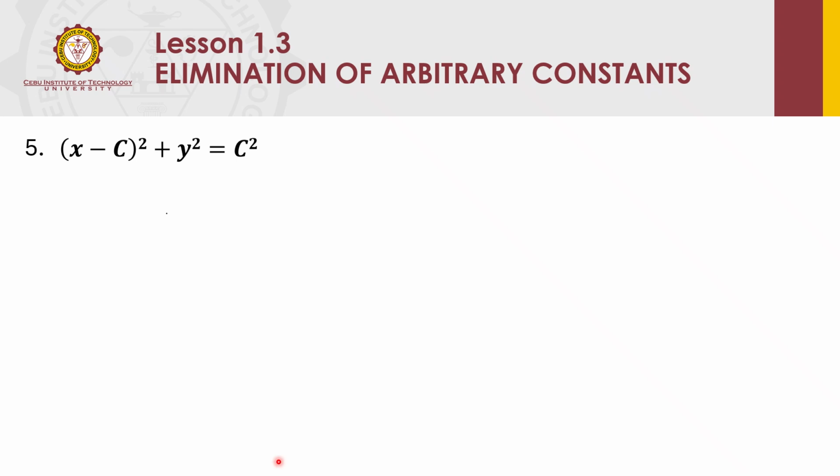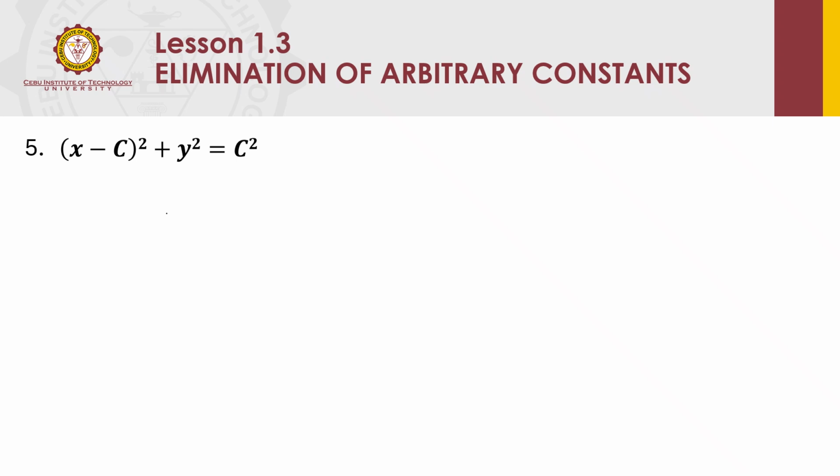For this general solution, we only have one arbitrary constant. So if we cannot easily isolate the constants, then we have to think of other algebraic manipulations. So if we're going to perform implicit differentiation, we can differentiate once only, because we have only one arbitrary constant.